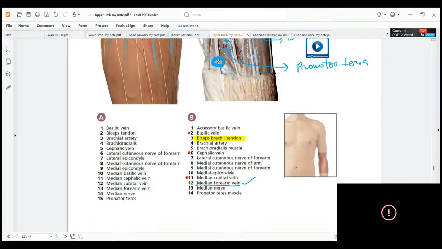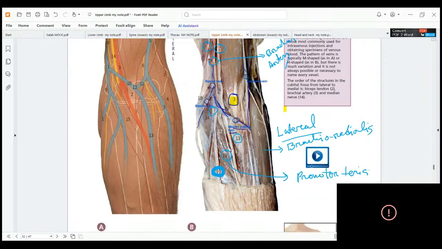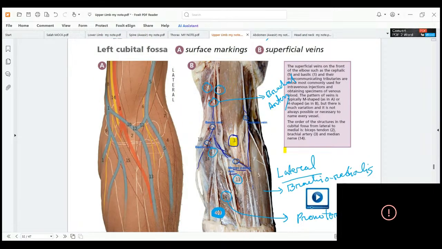Number 2 is basilic vein, and 6 is cephalic vein.